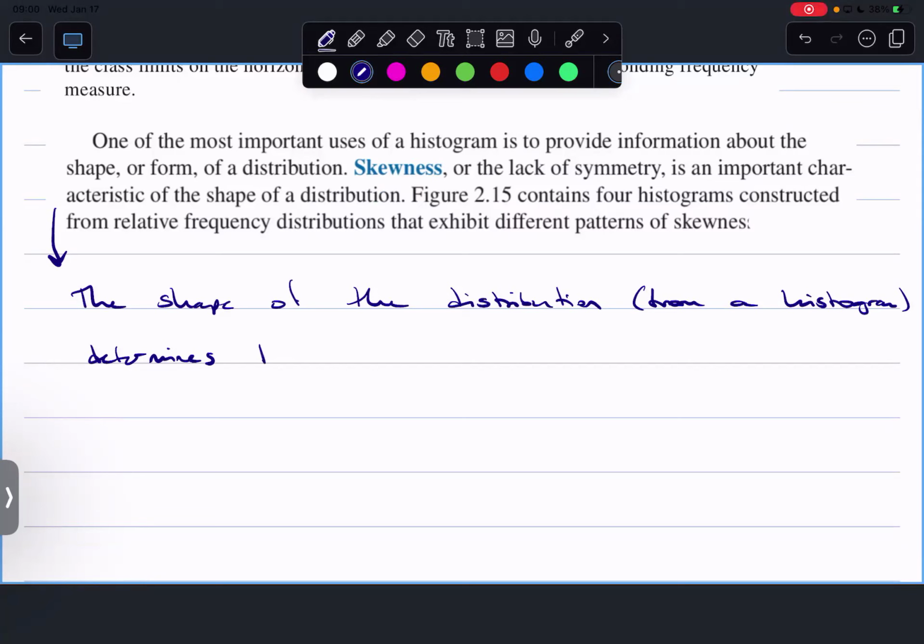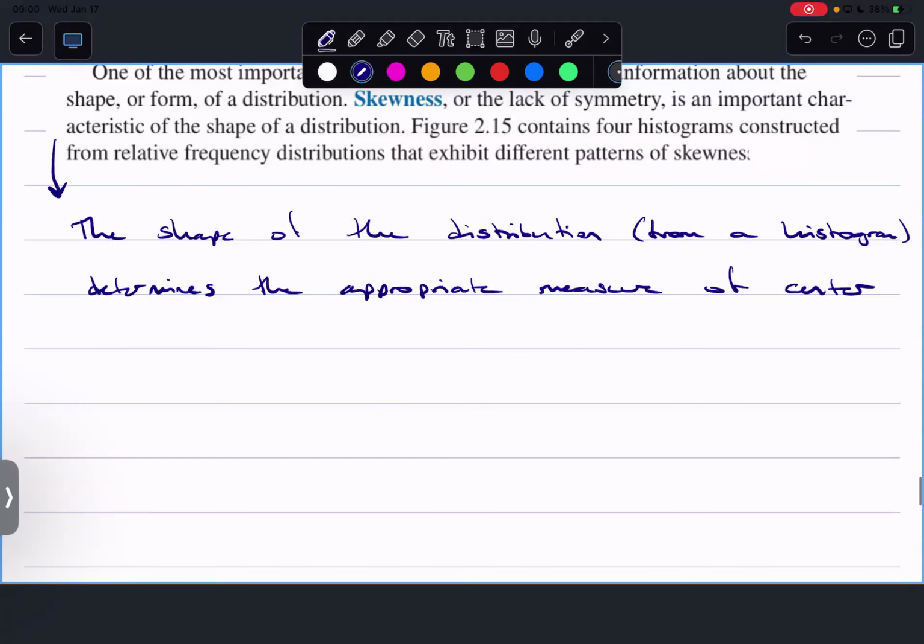So if we have something that is unimodal, so one mode, the mode is the most frequently occurring value, and so one peak. So if the distribution is unimodal, so one peak and symmetric, then we can use the mean or the average.